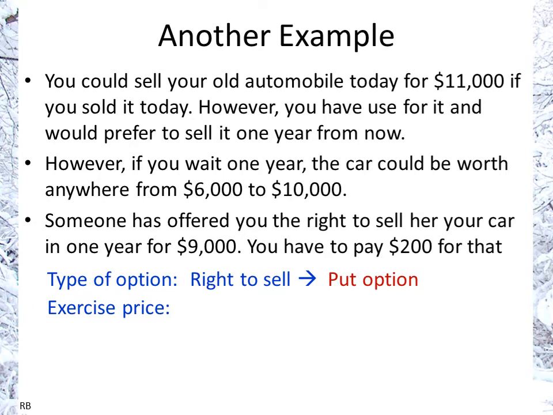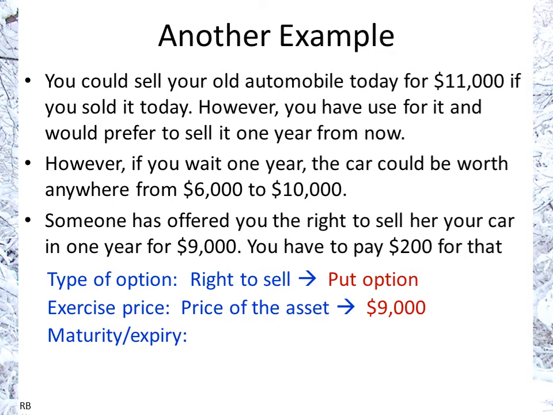The exercise price, if you recall, is how much, under the option agreement, you would be able to sell it for. What's the price that you've pre-negotiated? That would be the $9,000. So that's the price of the asset that you've agreed upon in the option.